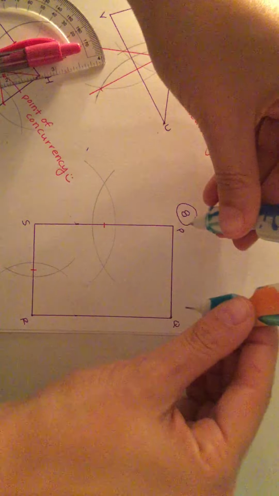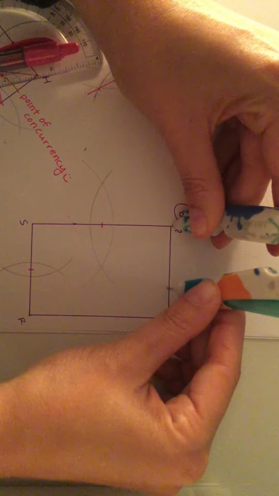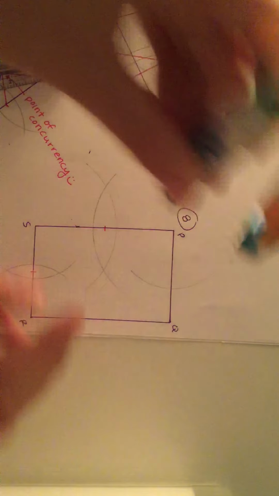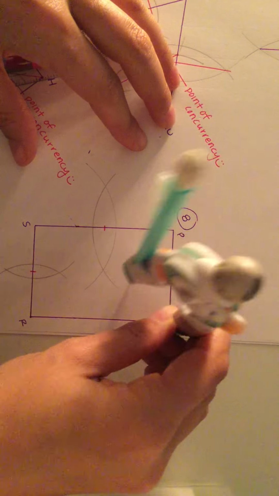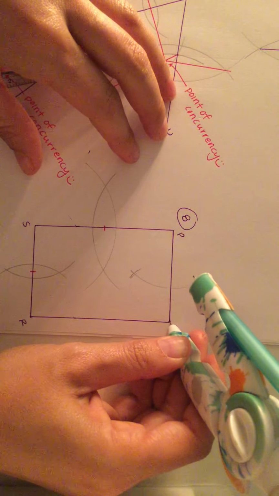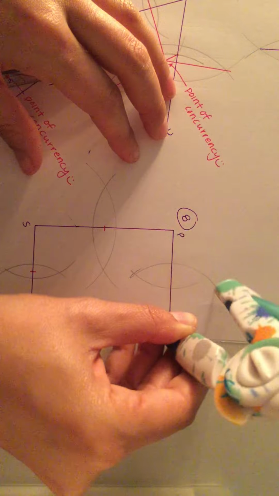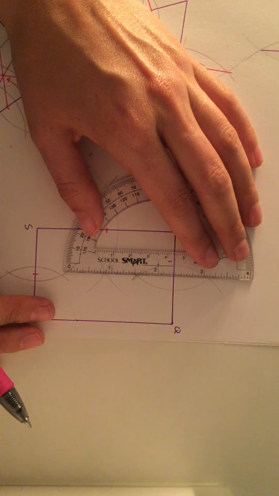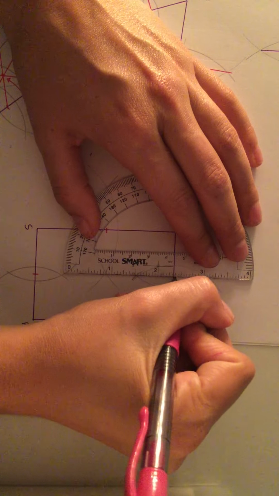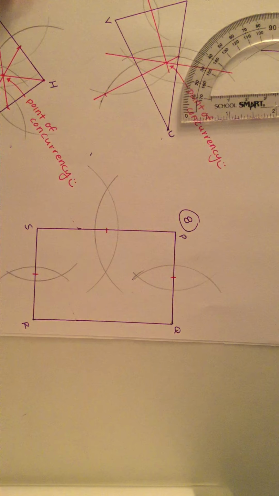Next side, PQ, compass point on P, open it more than halfway, draw an arc, turn it around, draw the same arc, line up the intersections, here's my midpoint.